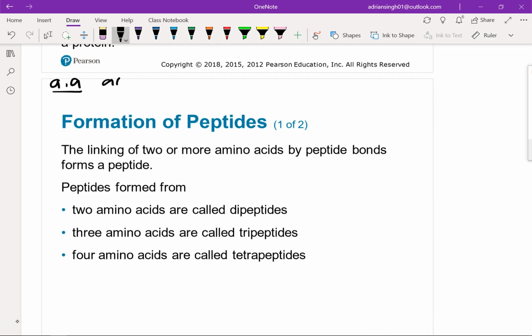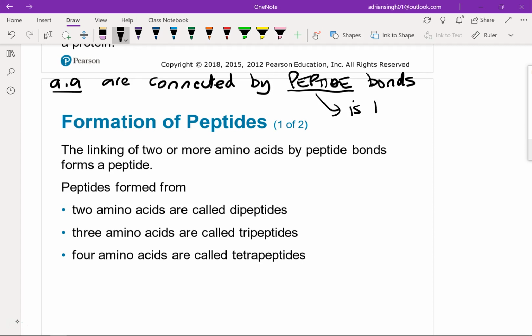Amino acids are connected by what are known as peptide bonds. Okay, and a peptide bond is the same as an amide bond, which we've seen a couple chapters ago, right?